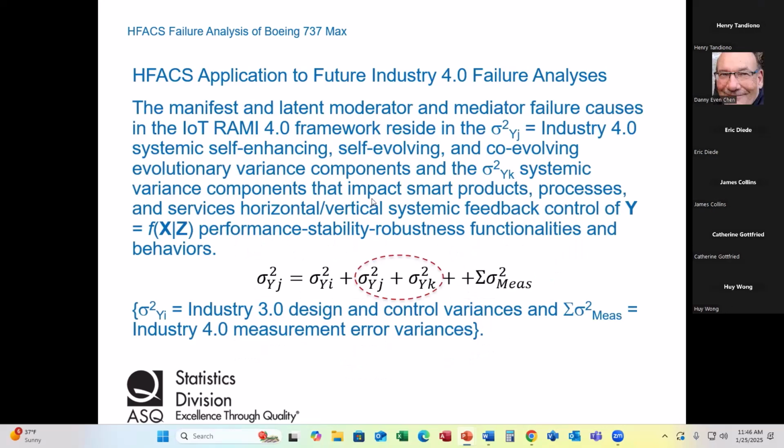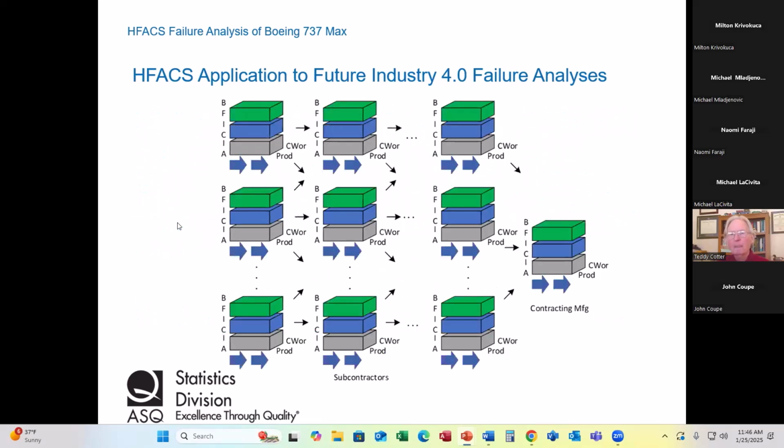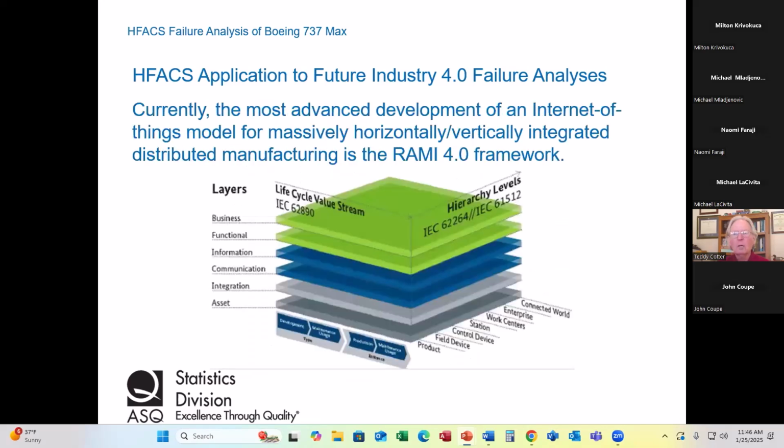The sigma square Yk are the systemic variance components that impact smart products, processes, and services horizontally, systemic feedback and control, i.e., we're going to have differences in the physics of the process and the efficiency of the process, differences in the communication protocols across the various levels.